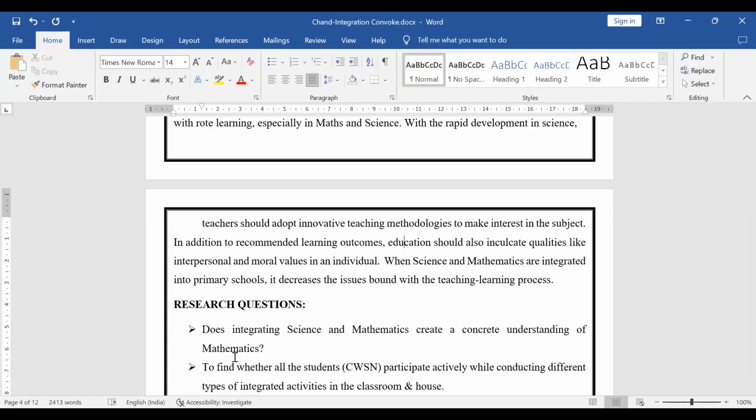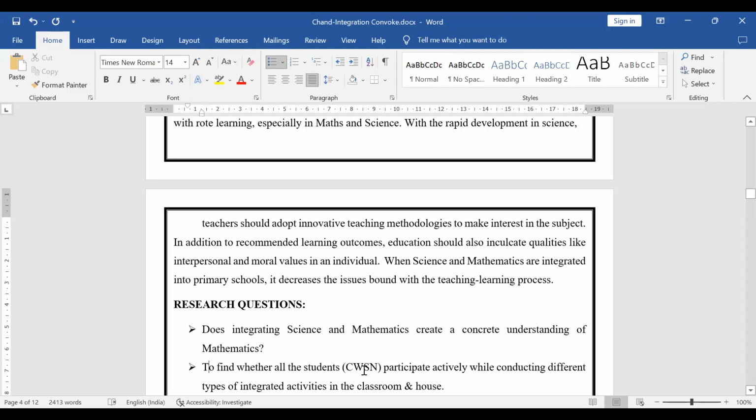That is the objective form. The question form is the research question form. This is one way of doing. You can write it as an objective to study the effectiveness of integrating science and mathematics on understanding of concepts in mathematics.